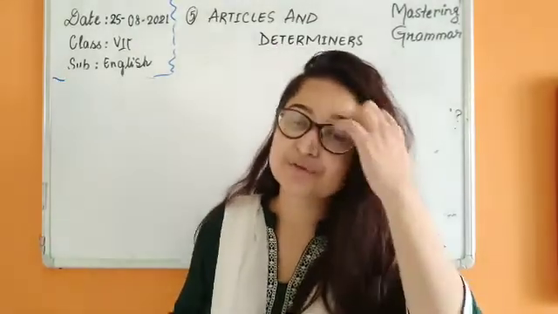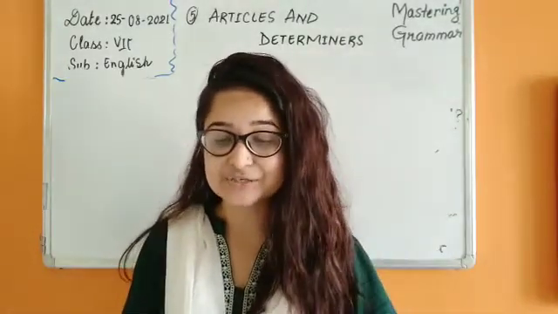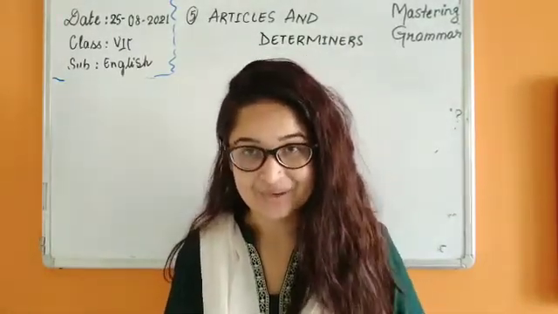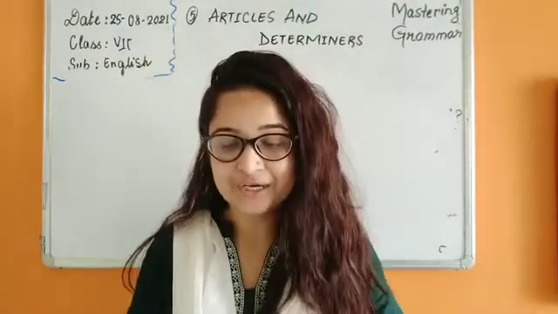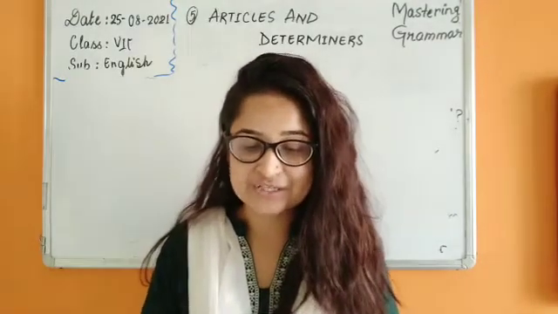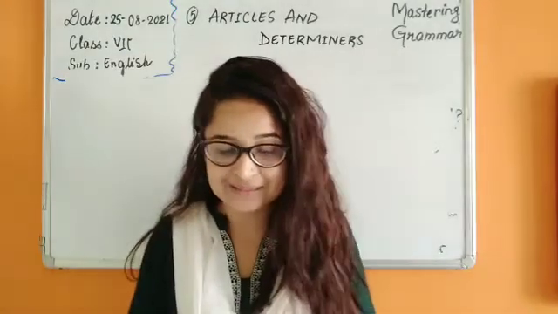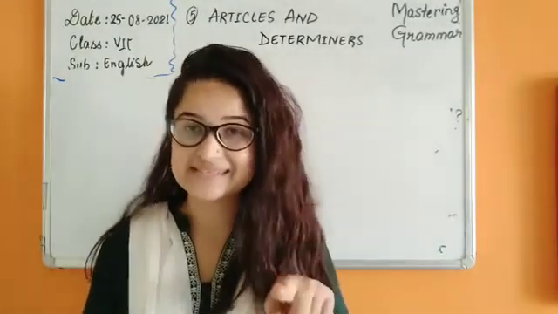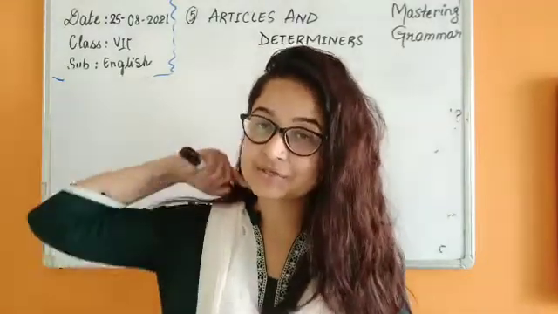So you shouldn't confuse a determiner and an adjective. An adjective describes a noun and tells us about some special quality or how many. A determiner points at a noun and tells which one. So I hope you understood the difference, children.